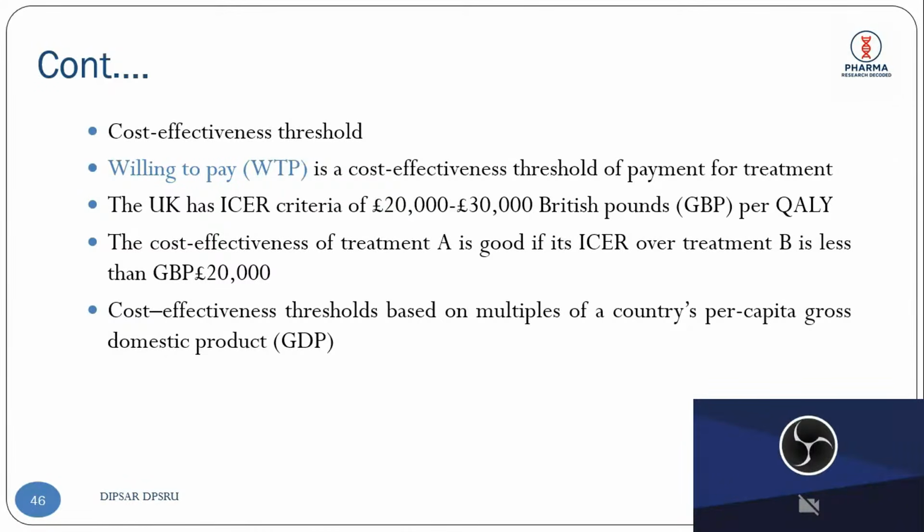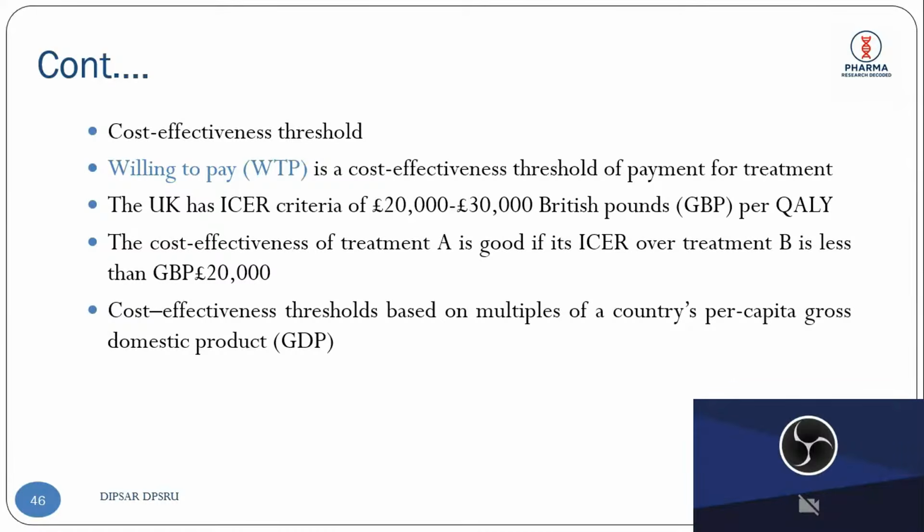For example, the UK has an ICER criterion of 20,000 to 30,000 British pounds per QALY, and the cost effectiveness of treatment A is good if its ICER over treatment B is less than this GBP amount. The cost effectiveness threshold is based on multiples of the country's per capita gross domestic product, so it depends upon the GDP of the country.